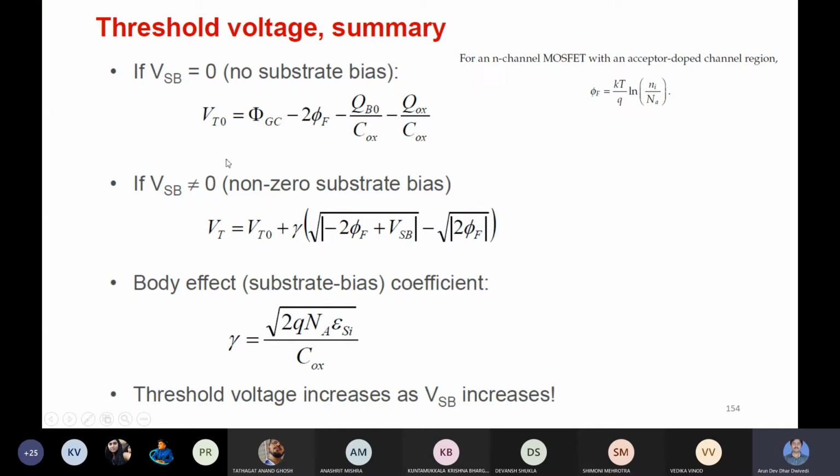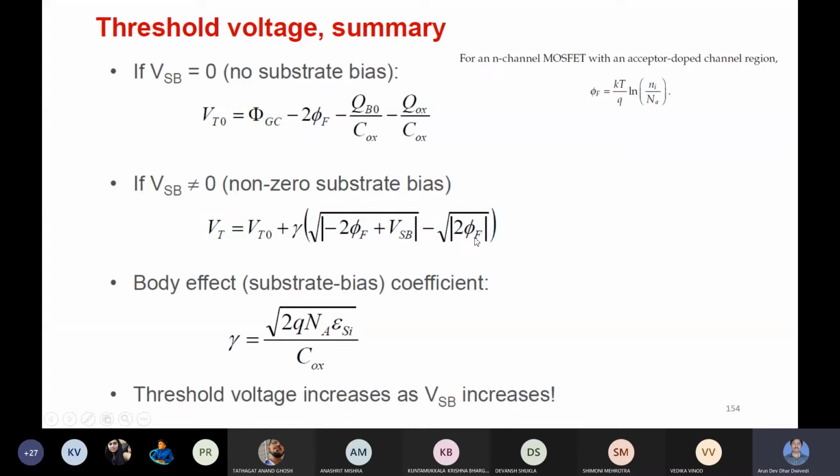So if we are also considering body bias, VSB is not 0, then this one is VT0. After that, additional terms are added: VT equal to VT0, which is already there, plus gamma times the square root of minus 2 phi f plus VSB, minus the square root of the modulus of 2 phi f.